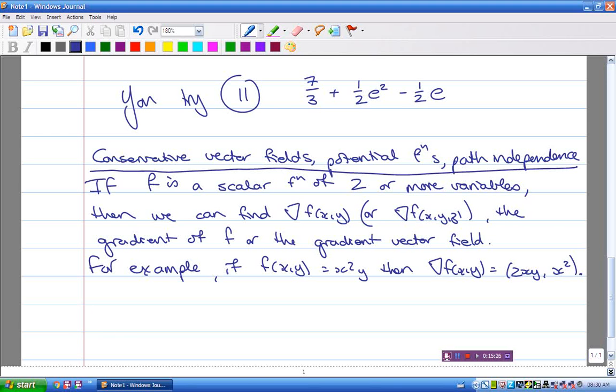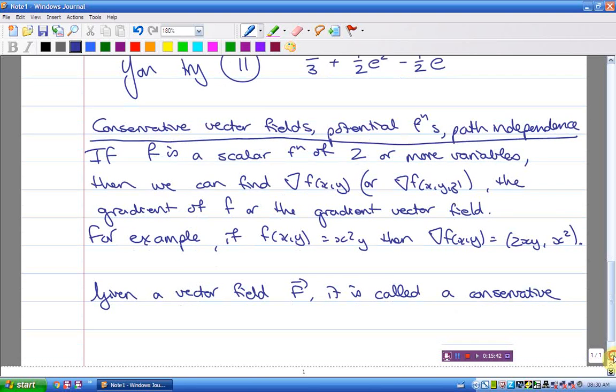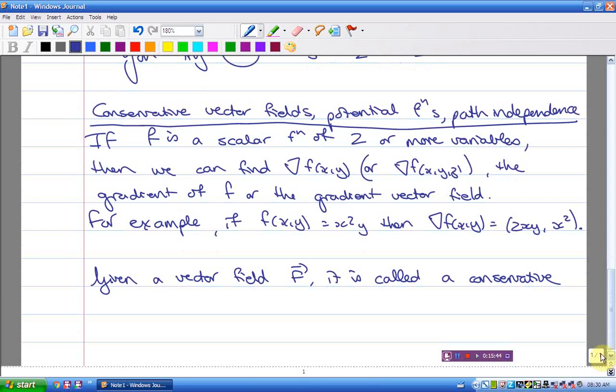So given a vector field big F, it is called a conservative vector field. I'm not sure why; it's not actually conserving something. I suppose it's related to the path independence.